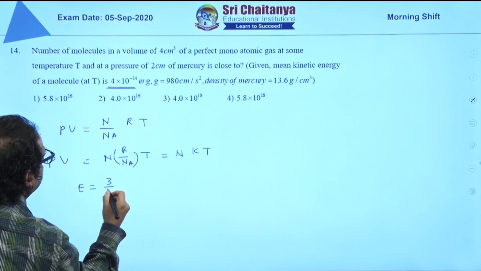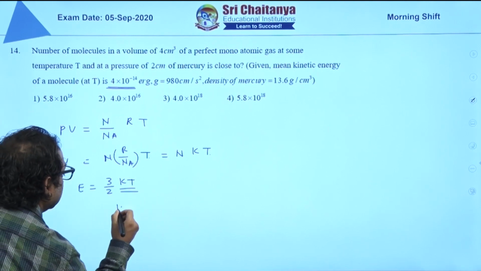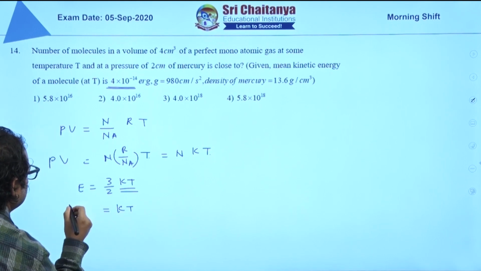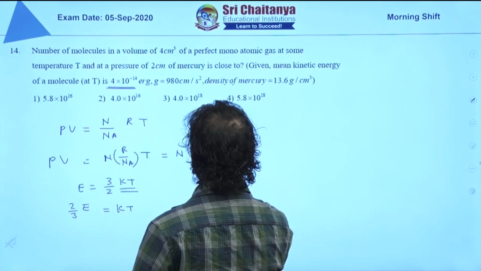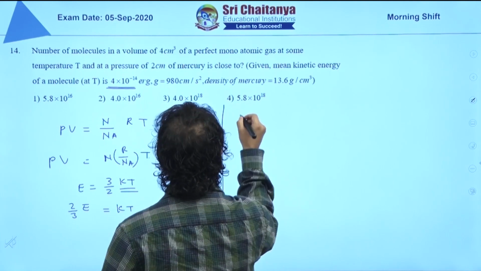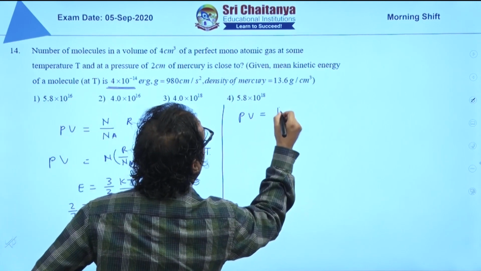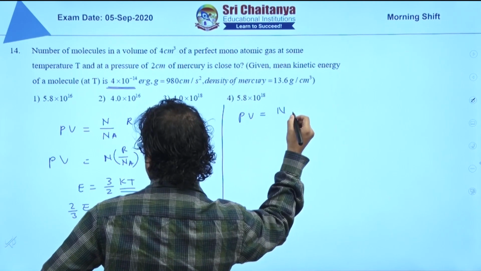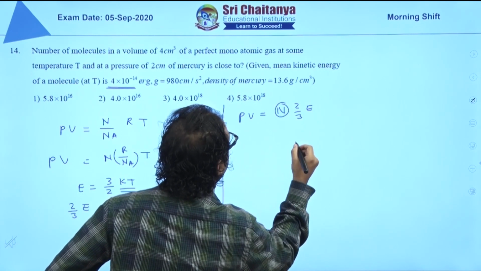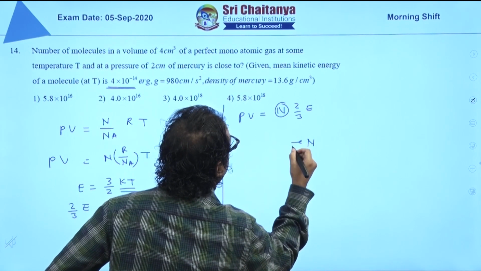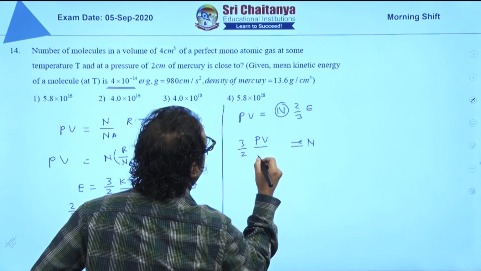E is equal to 3 by 2 K into T, so KT is 2 by 3 into E. Putting it here, pressure into volume is equal to N into 2 by 3 E, so the number of molecules N is 3 by 2 pressure into volume divided by E.